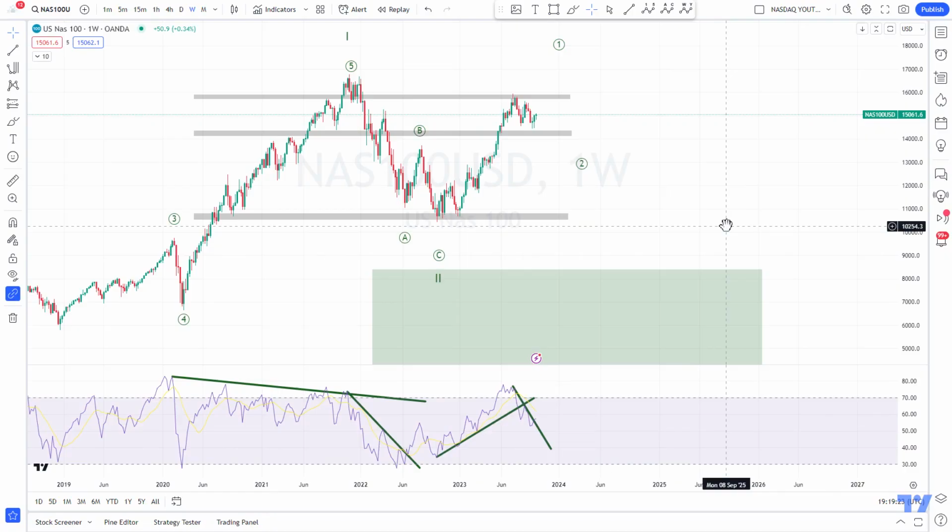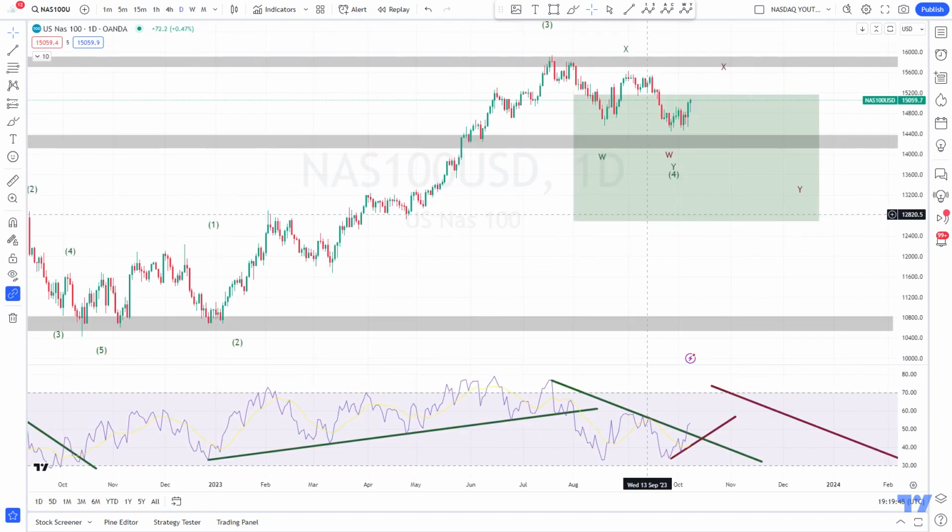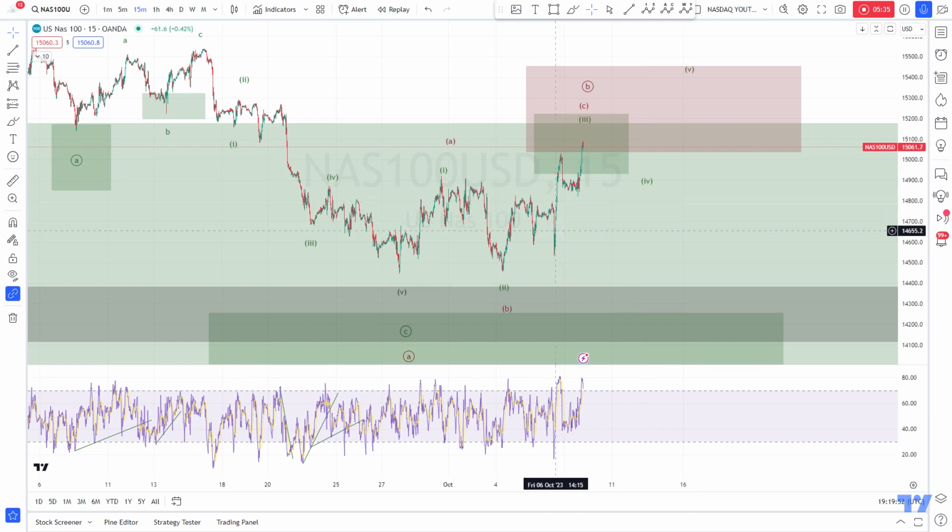And in the weekly, it looks like we also start to break the RSI trend line right here. Although this is very early. If we have a complete off day tomorrow, then we easily go back into this downward cycle. But for now, I think the most important things to observe in the Nasdaq are actually here on the lower time frame.